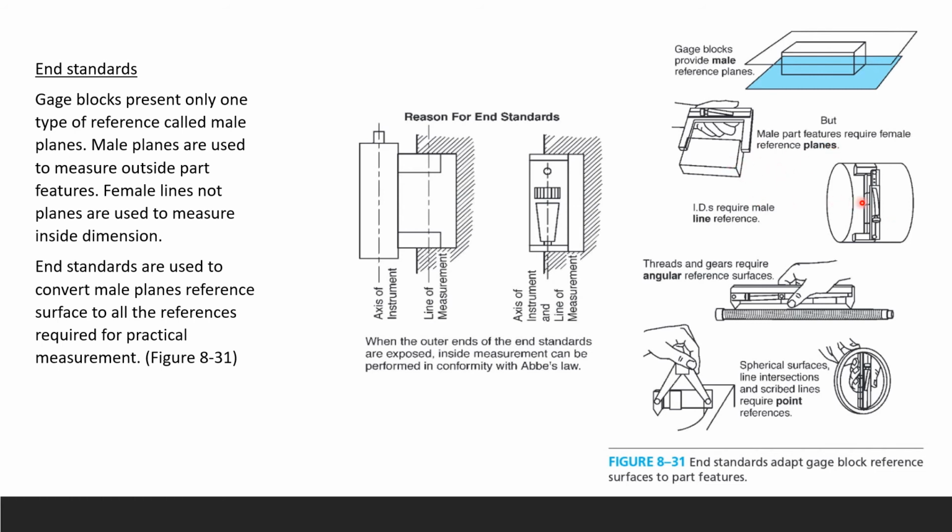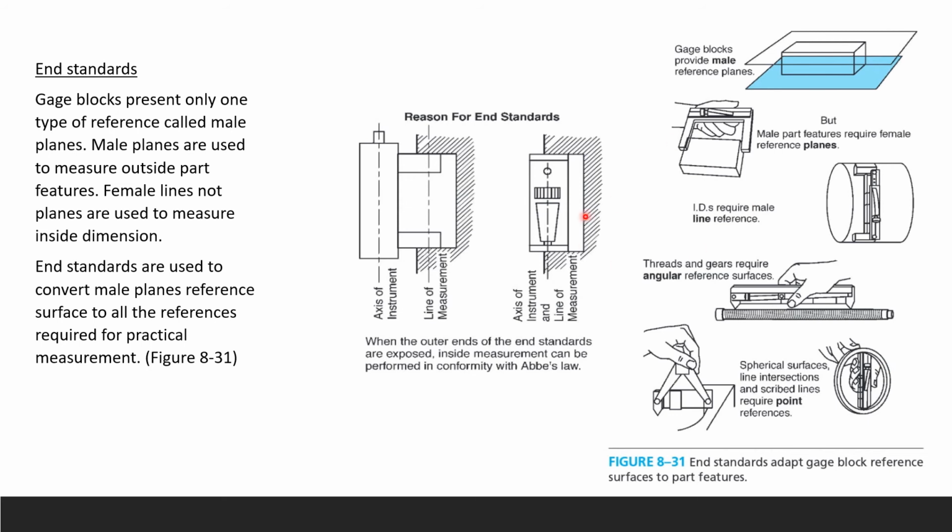Okay, it requires a female line reference, and here it requires the angular reference surfaces. Okay. And here are your spherical surfaces and line intersections, and scribe lines require point references. A little bit difficult to see right here.